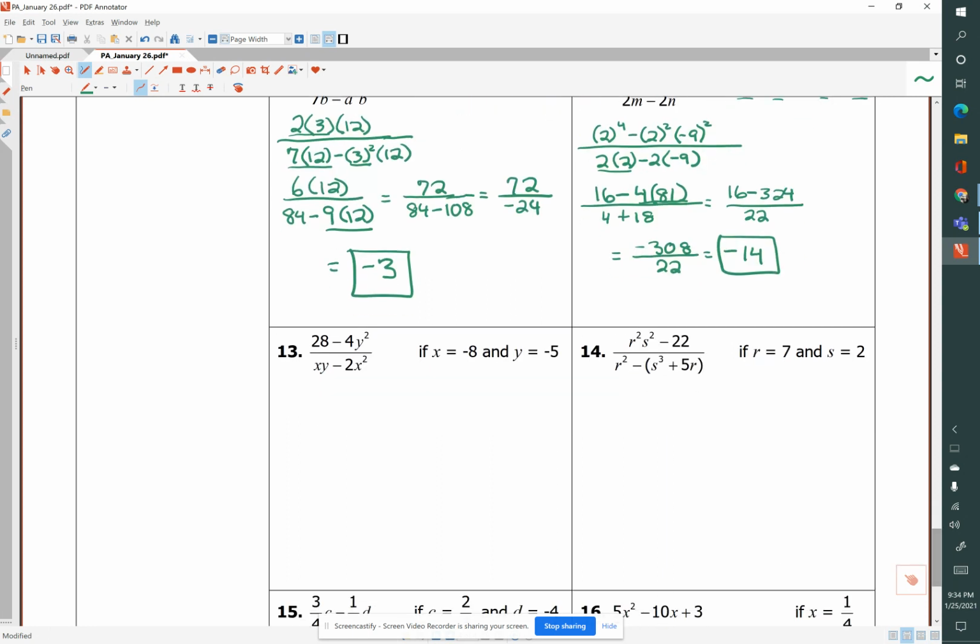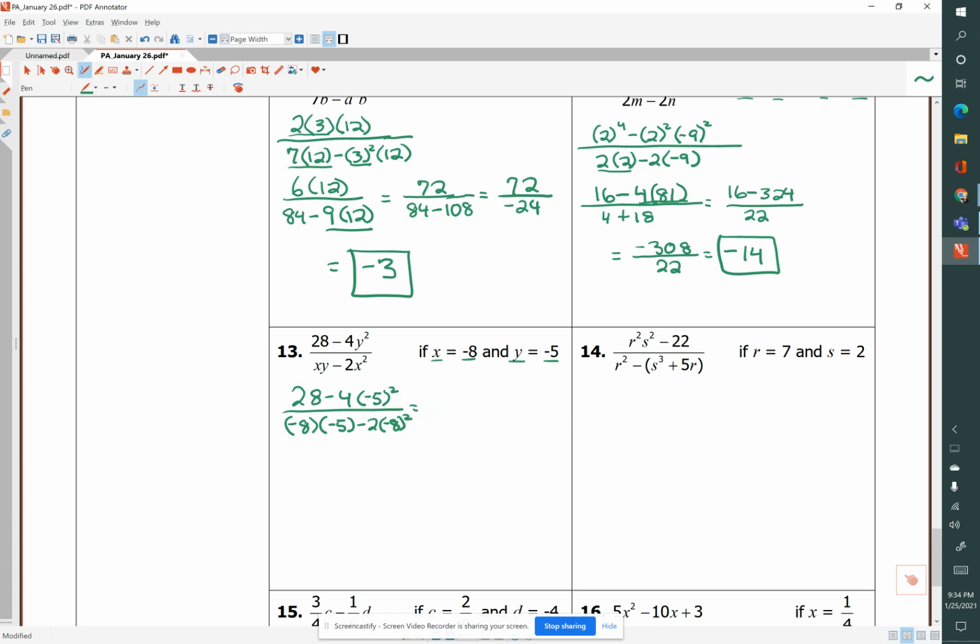Number 13, we're going to substitute x for -8 and y for -5. So 28 minus 4y, and that's our -5, raised to the 2nd power, divided by our x, which is -8, times y, which is -5, minus 2 times -8 squared.